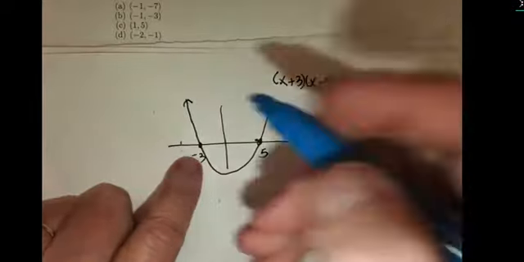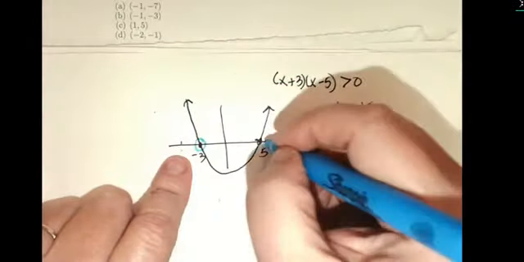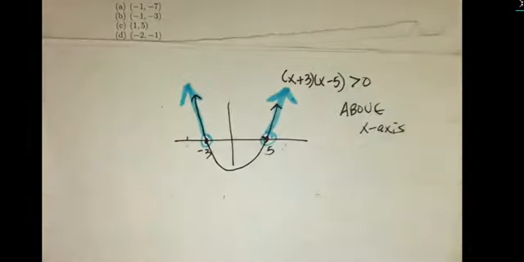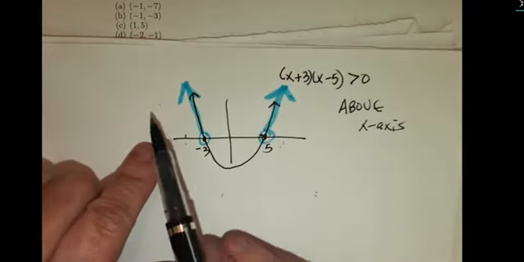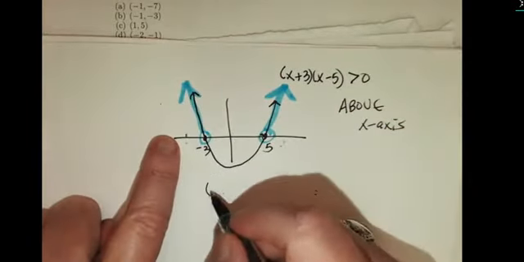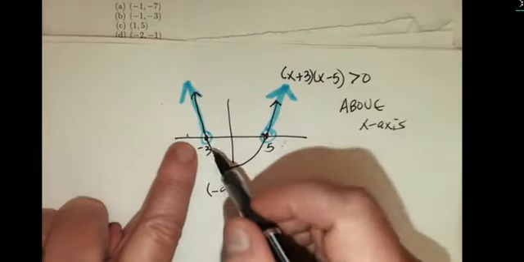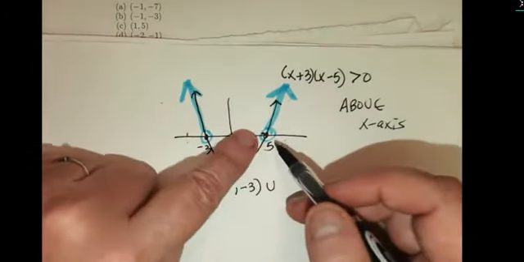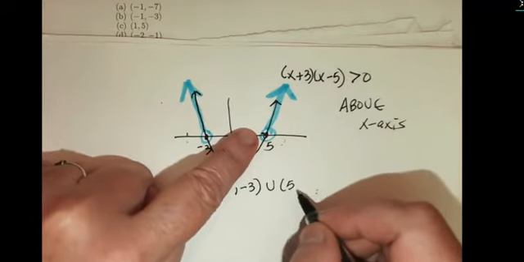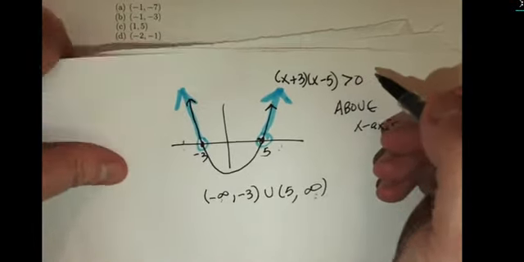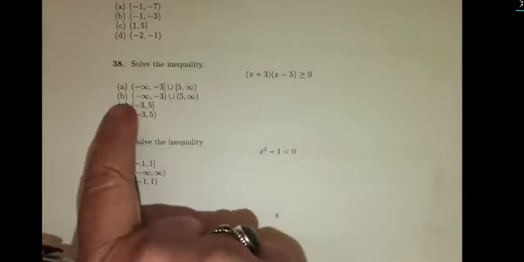So if the symbol is just that, we want to know where is it above. So we do not include these, and it's strictly above for these values. And so if I'm using the x-axis to tell where this happens, my x values coming in from the left, there's no limit, but go up to and do not include -3. And then there's a gap, and we pick it up again, but we do not include 5, and then we keep going forever. So if that had been the strictly greater than symbol, you would have chosen selection B.